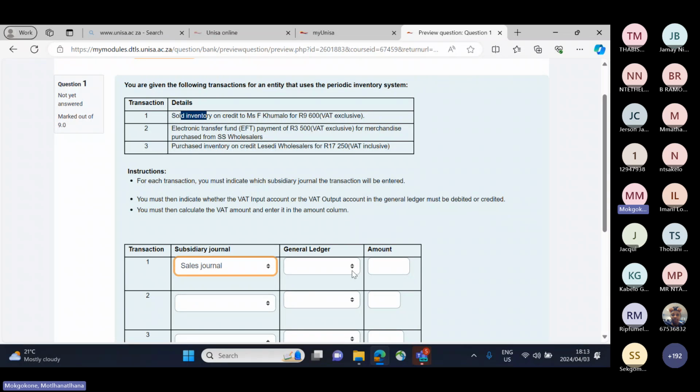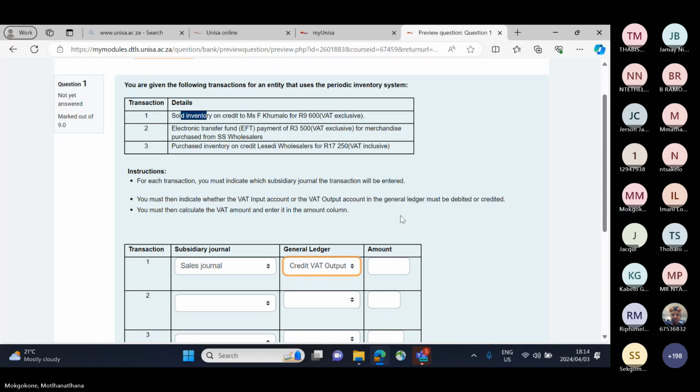And VAT output is VAT collected on the sale of goods or services rendered by the entity and will be paid over to SARS. VAT output is a liability. Here we sold, so the correct answer is to credit VAT output.